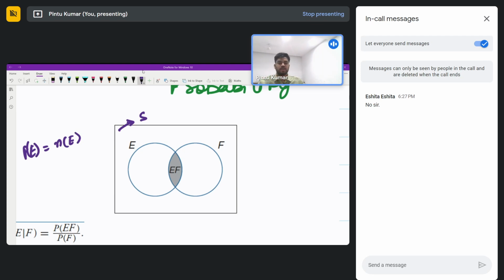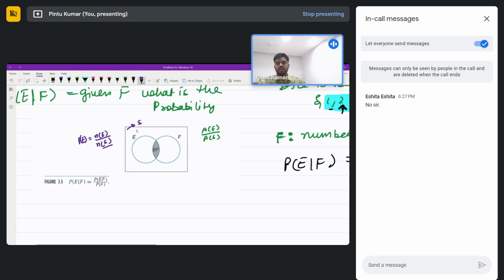If this were a continuous set, then this would be something known as measure. I am just quoting this, you need not know. Let's replace measure by area. So this would be the area of this circle E divided by the area of S. That would be the probability of your E. Over here it would be the number of elements in E divided by the number of elements in S.